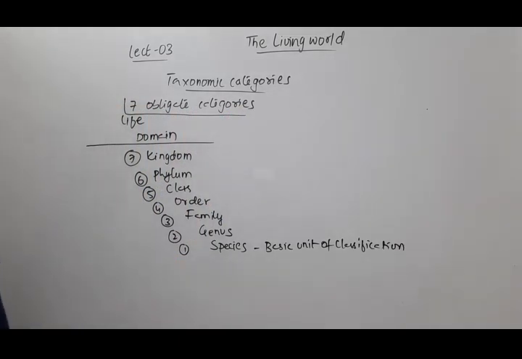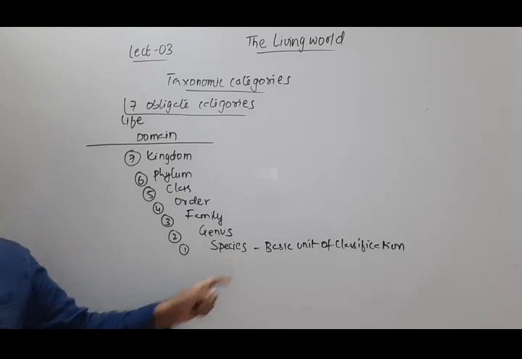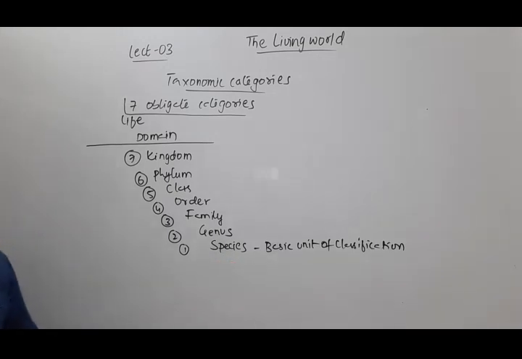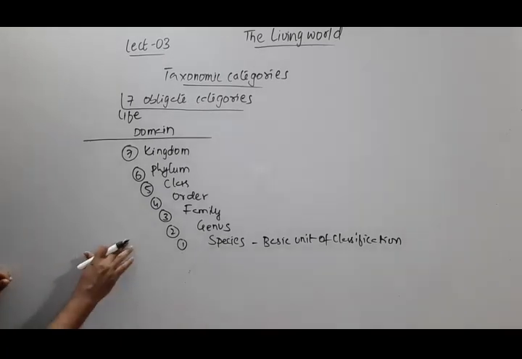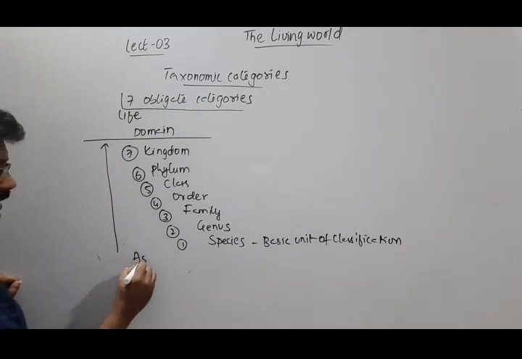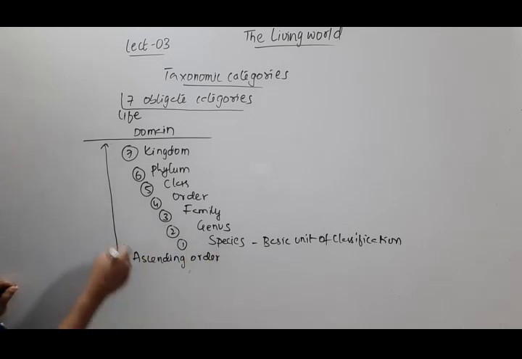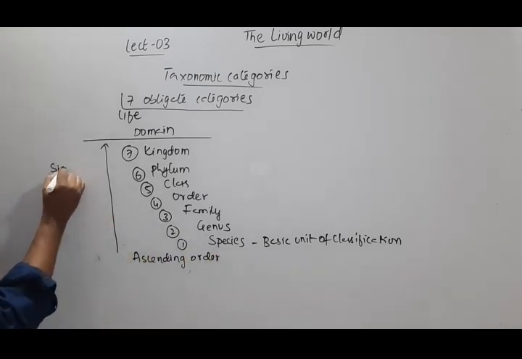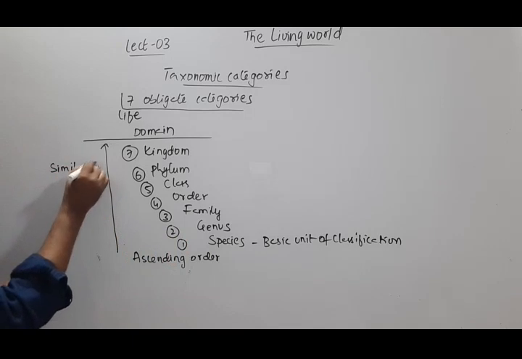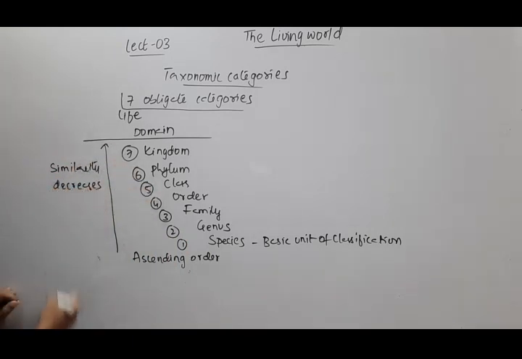So the first one we'll see is the term species. As I mentioned, it is the basic unit of classification. As we move from bottom to top, that is in ascending order, the similarity between the organisms decreases.